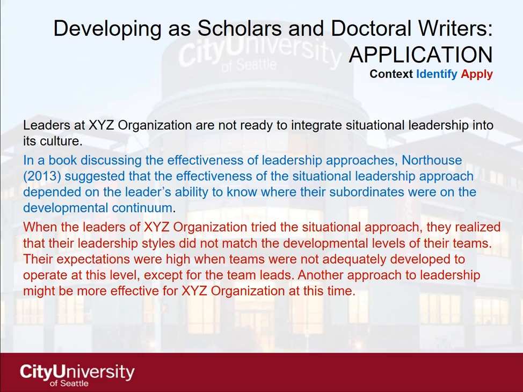The application here, when the leaders of XYZ organization tried the situational approach, they realized that their leadership styles did not match the developmental levels of their teams. Their expectations were high when teams were not adequately developed to operate at this level, and so on and so forth. So, context, gave the context, gave the identification of what the citation is from Nordhaus, and then the application of it.